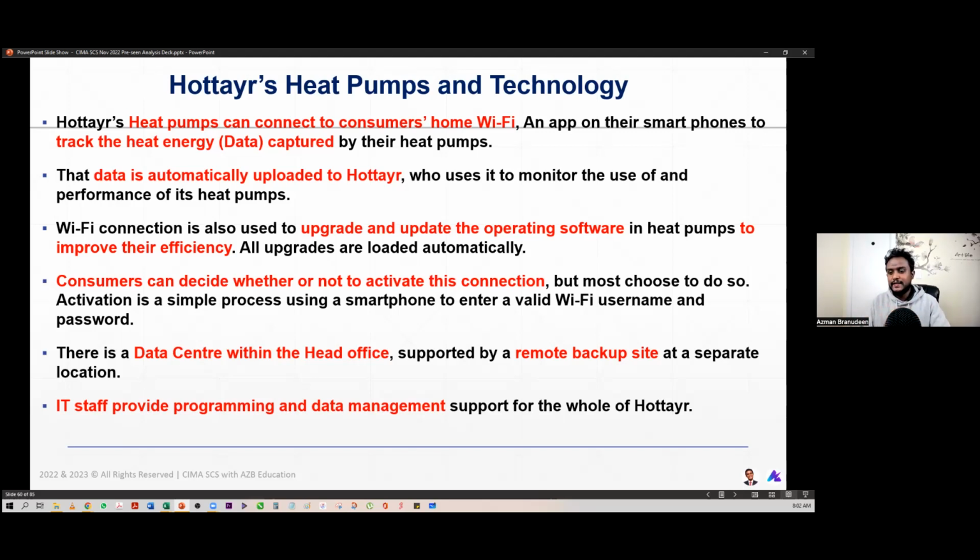Perfect. IT staff provide programming and data management. And basically what they mean is that we have in-house IT. We are currently not outsourcing it. Generally with IT staff, unless it's heavily technical, you can consider outsourcing, which is an option. They're keeping it open. And also, there are implications with regard to cost and how much we are paying these people, the amount of staff members.